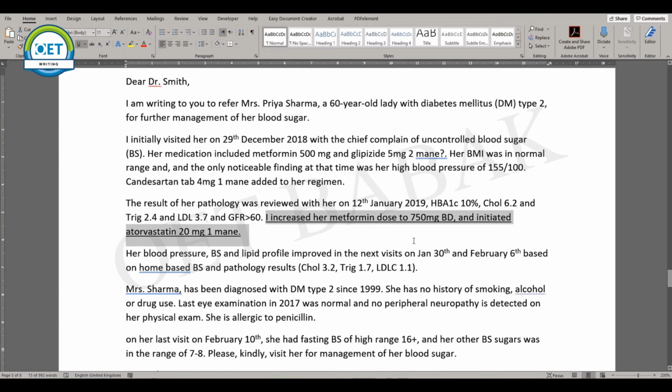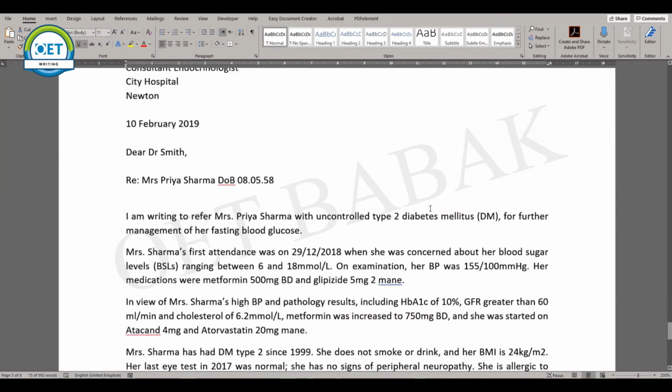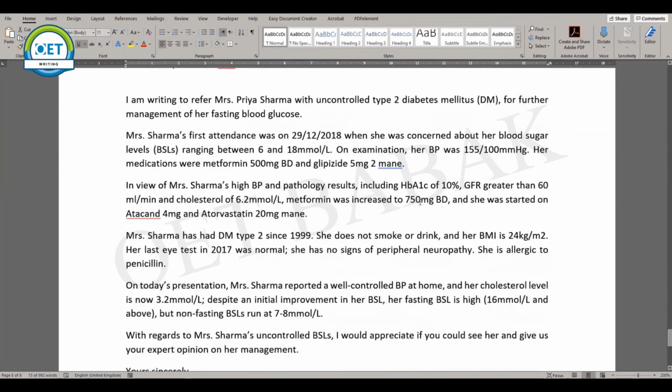And this says metformin was increased to 750 BD, and she was started on Atacand 4 milligram and atorvastatin 20 milligram in the morning. So what is the difference here?